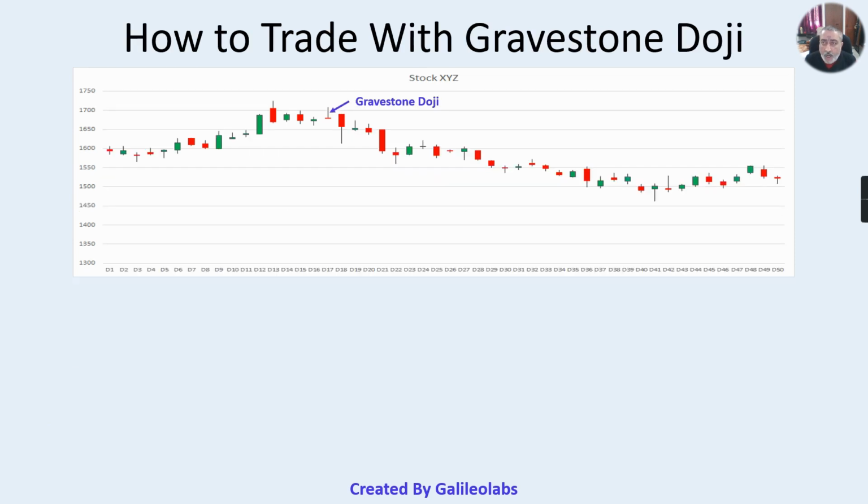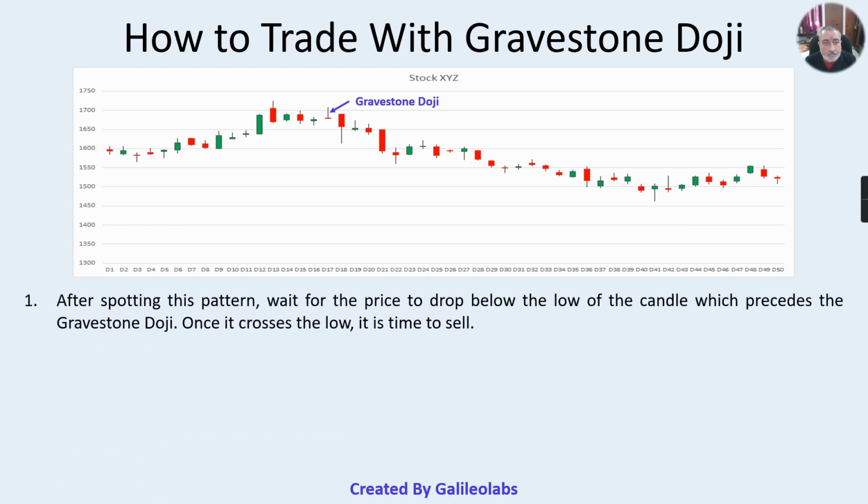Now we will see how to trade with a Gravestone Doji. After spotting this pattern, see, this pattern has been spotted, a doji has been formed. Now we will have to wait for the price to drop below the low of the candle which precedes the Gravestone Doji. Now this is the Gravestone Doji and this is the preceding candle.